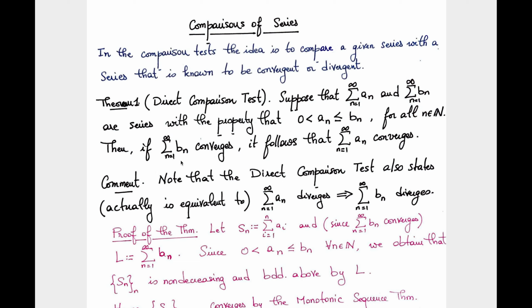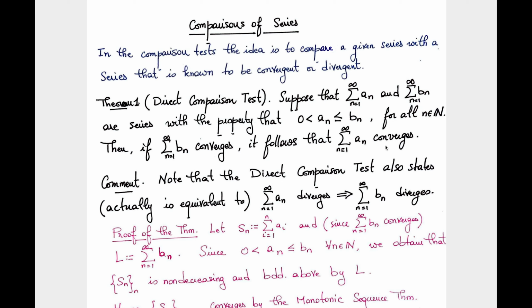Then, if the series whose terms are Bn converges, it follows that the series whose terms are An is going to also converge. So if the series whose terms are dominating has a finite sum, the same is going to happen for the series whose terms are the smaller terms.